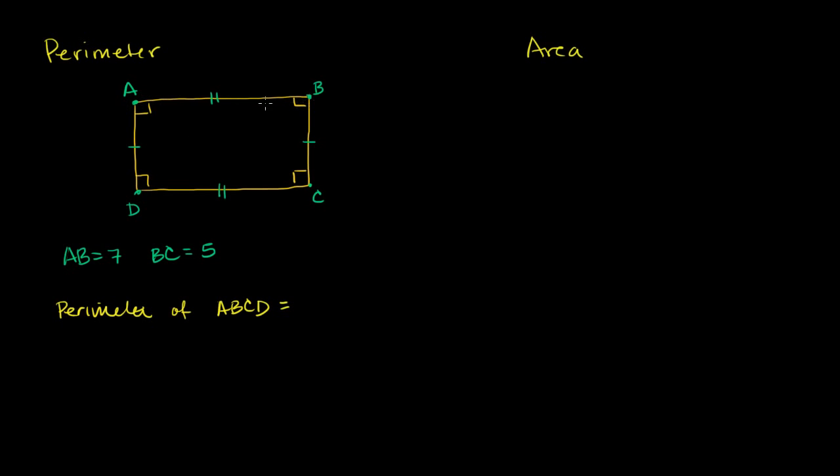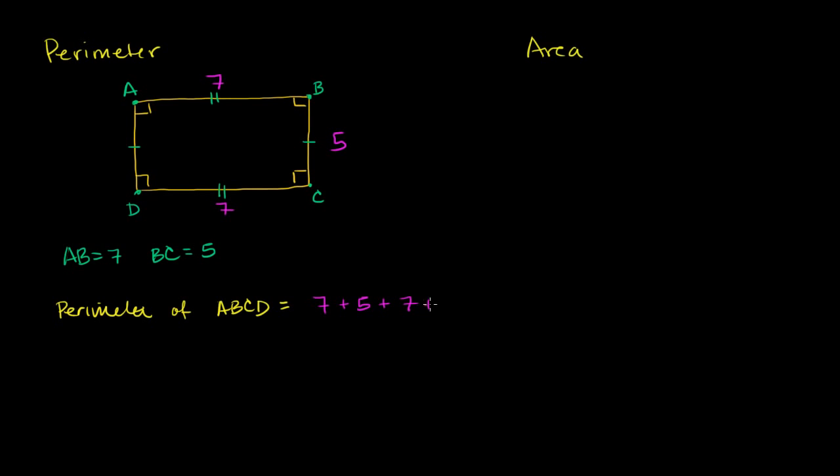If I were to build a fence, if this was like a plot of land, I would just have to measure how long is this side right over here. Well, we already know that's 7, so that side right over there is of length 7. So it'll be 7 plus this length over here, which is going to be 5. They tell us that BC is 5, plus 5, plus DC is going to be the same length as AB, which is going to be 7 again.